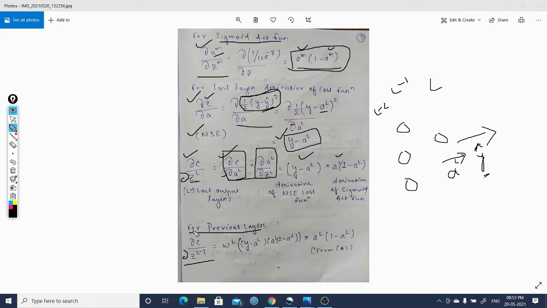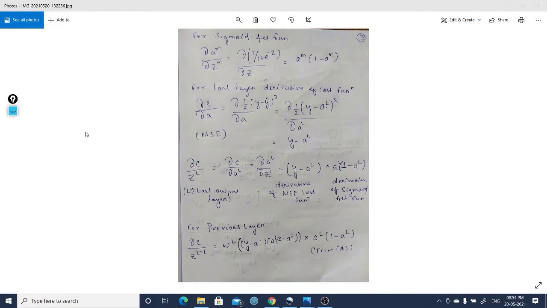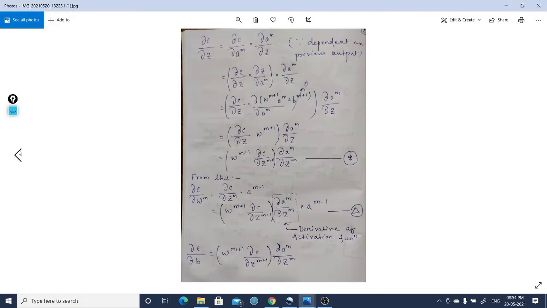For the last layer, we need to calculate it this way, but for going forward, all previous layers' dC by dZ will be calculated by this formula. Which formula? We'll see. dC by dZ is nothing but this one.